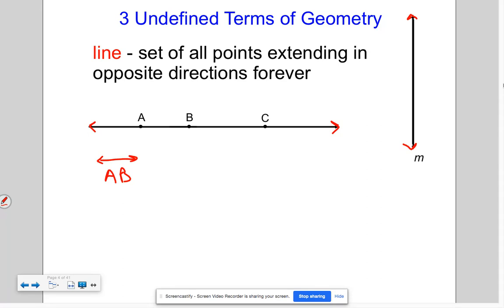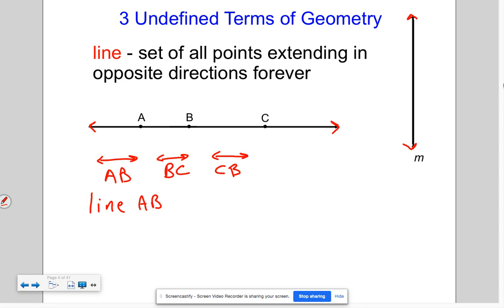But one way of writing it is like we have here, line AB. We also could write it out, line AB. We also could use other 2 letters, and we don't have to go from left to right. We could say line BC or line CB. All 4 of these names represent the same set of points. They're all on the same line.